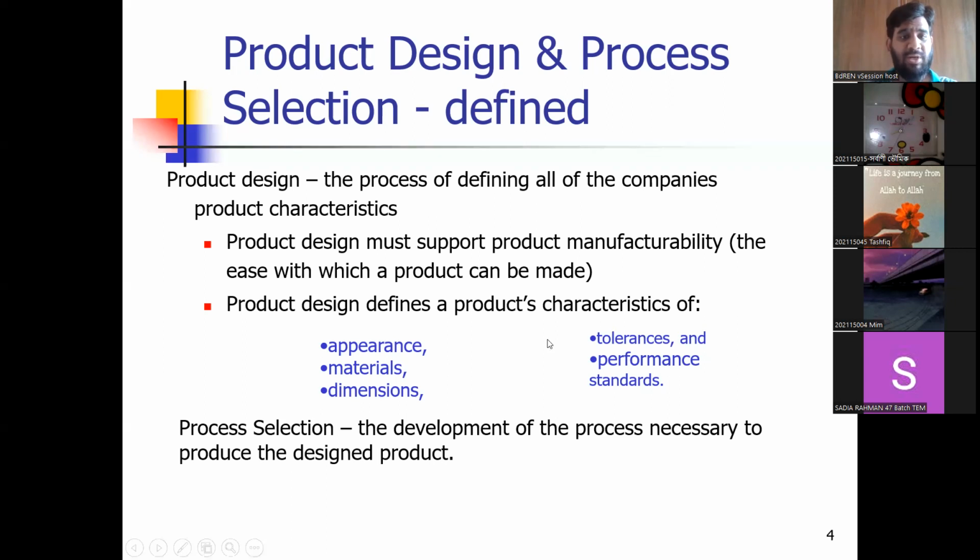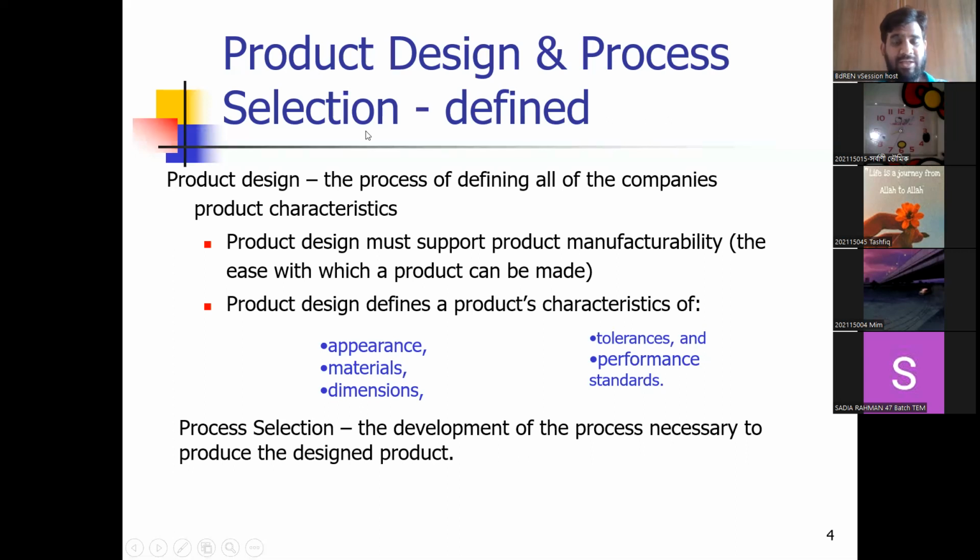These are the issues you must consider while you are designing the product. And in case of process selection, it is the development of the process to produce the designed product. So process selection depends on the product design. Ultimately, operations management deals with process selection.